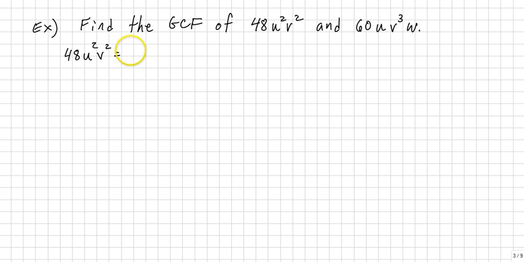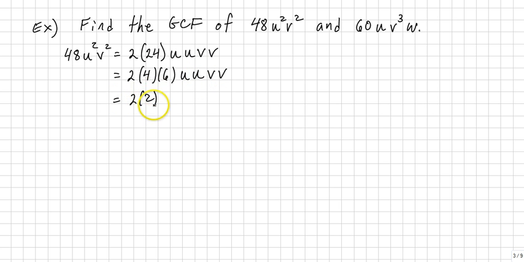So 48 would be 2 times 24, and then u squared would be u times u, and v squared would be v times v. And then 24 would be 4 times 6, and then u times u, v times v. And then 4 would be 2 times 2, and 6 would be 2 times 3. And then we can't break it down any farther because everything's prime.